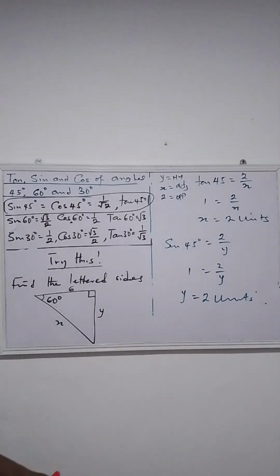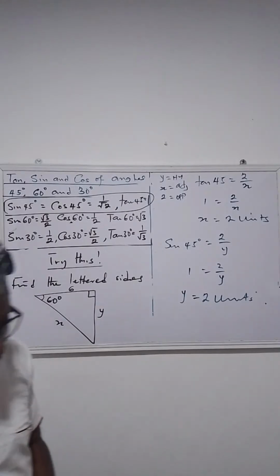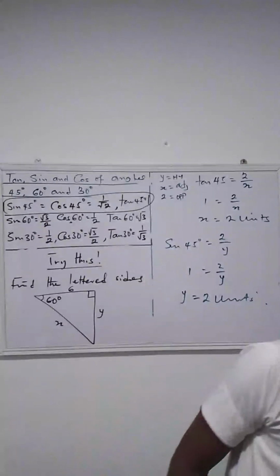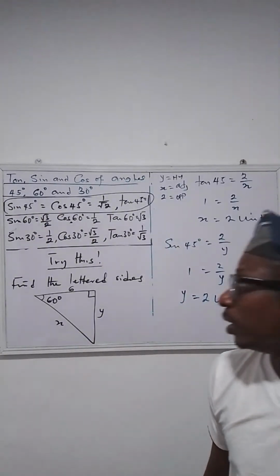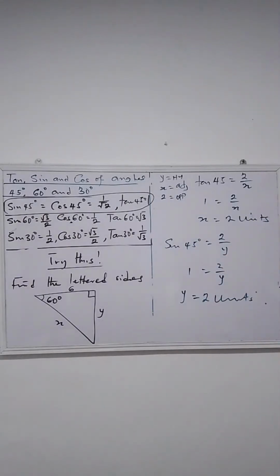Okay, now can we quickly do this one? Find the lettered side in the figure below. Let's do that and let's see what we have as the answer before we move on to another type of problem. Once you get your answer, drop your answer in the comment section.